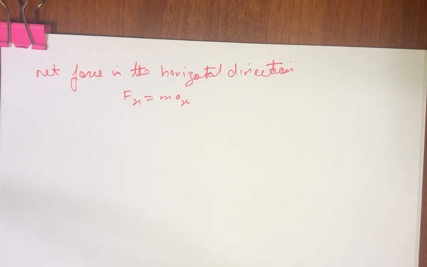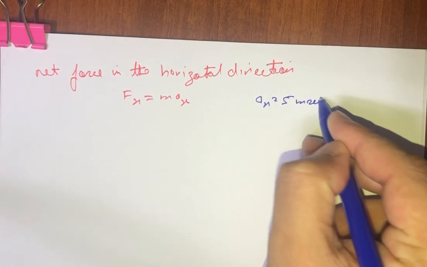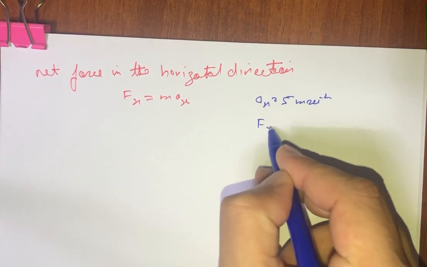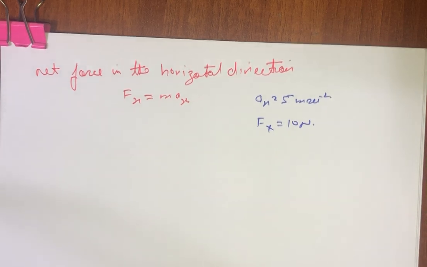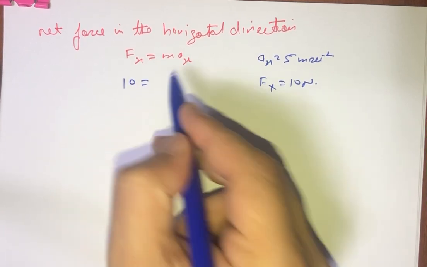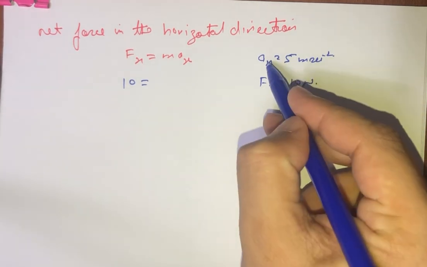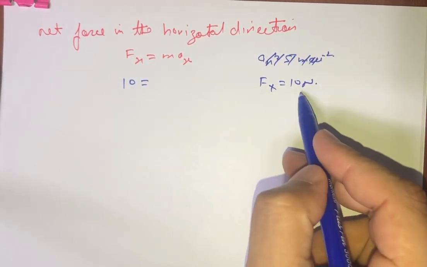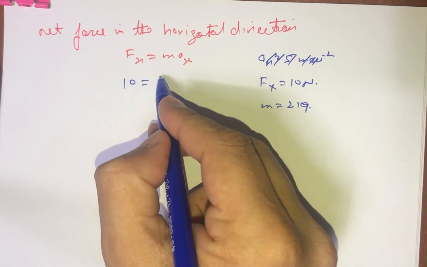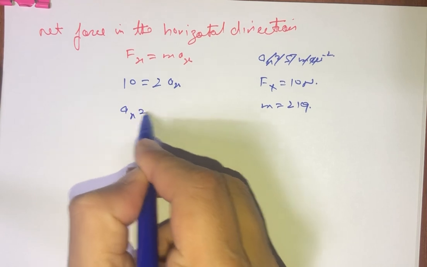Fx is given as 10 Newton and mass is given as 2 kg. So we write 2 into Ax, so Ax will be equal to 5.